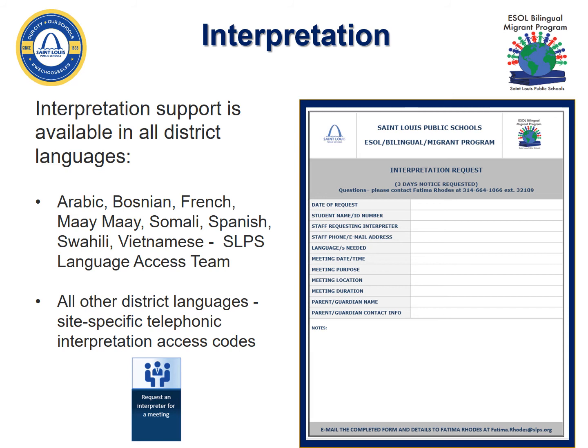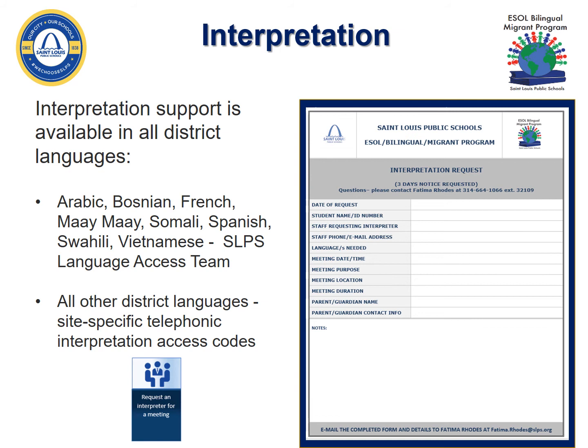For all other district languages, there is a telephonic interpretation access code that has been shared with principals in all ESOL center schools and with ESOL contacts, often AICs, in non-center schools. The telephonic interpretation access code should only be used to access support for languages not represented on the District Language Access Team.